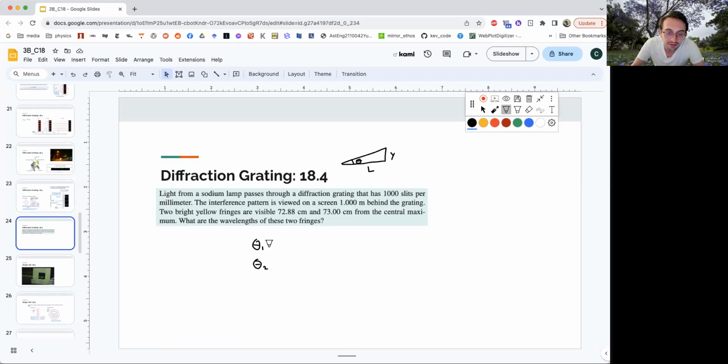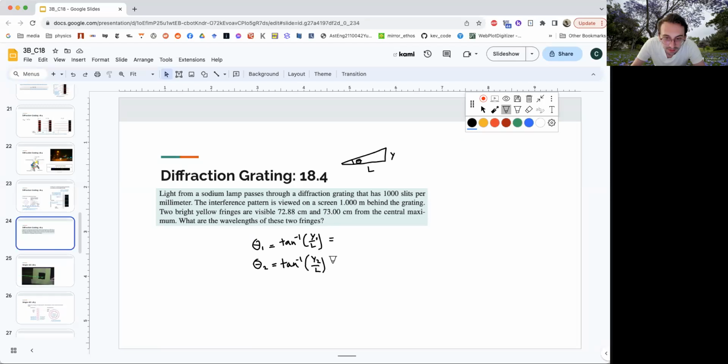We can get these 2 angles just by doing some basic trig. So we can do a tan inverse of y over L, where we could call this one y1, and then we can do the same thing to get theta 2, but just using that other distance that we can call y2 over L.